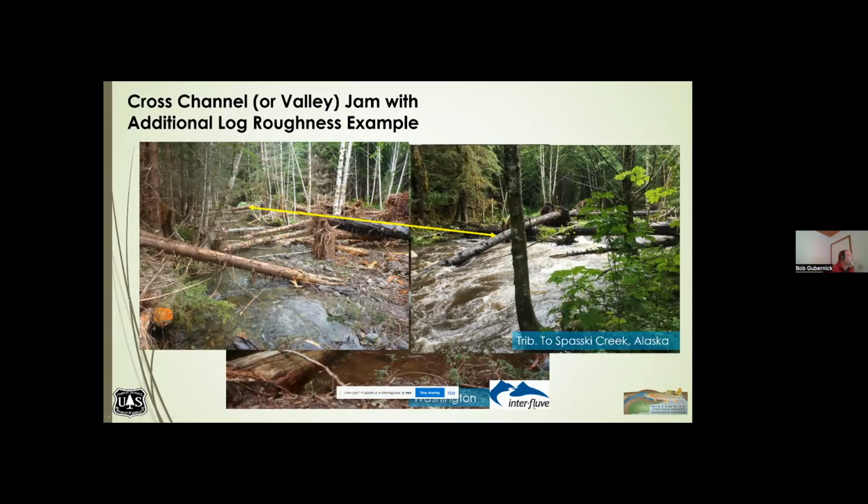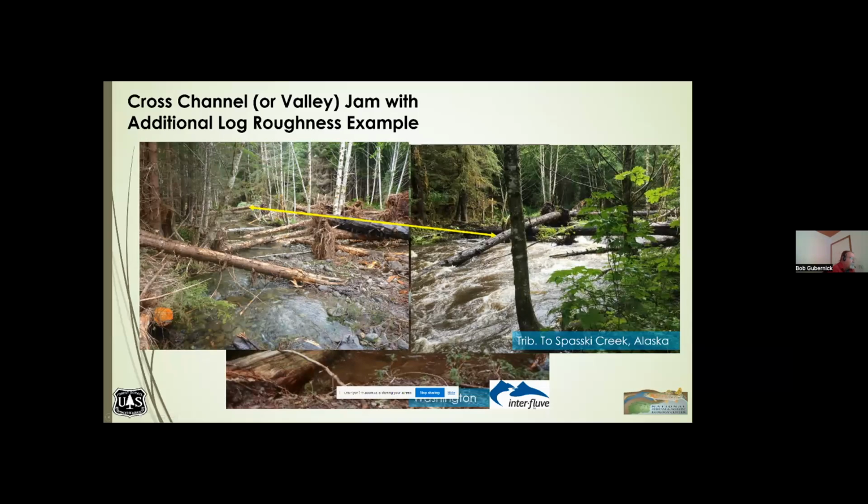And you could see here's what it looks like at a normal flow on the left-hand side, and on the right-hand side, it's a bankfull flow. And you can see a lot of the wood is still out of the water, especially all that you can see up on the floodplain itself. The wood is embedded in the channel or entangled in the trees, or of large enough mass, it's not going to move.